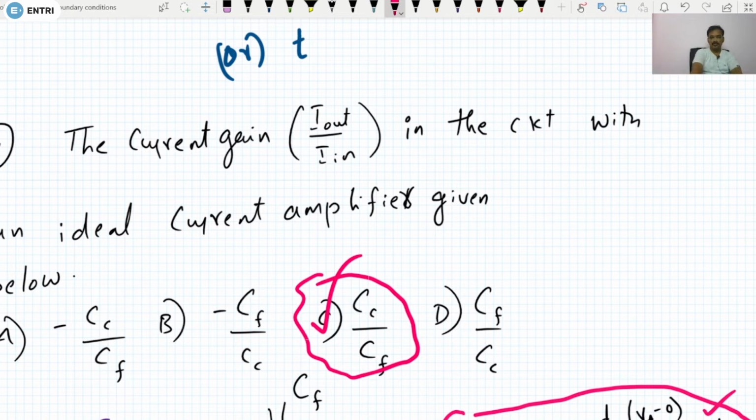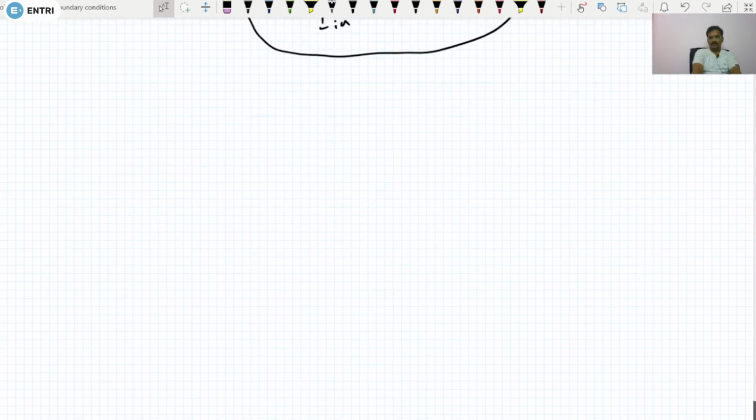So last question here, last question for electrical students. So the 5th question is a diode circuit. This question is given based on a diode circuit.